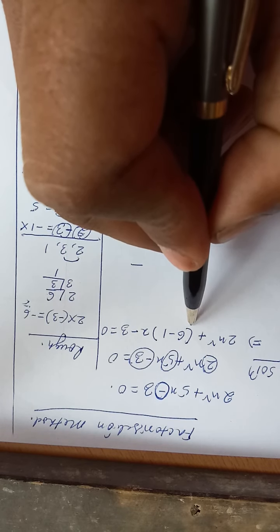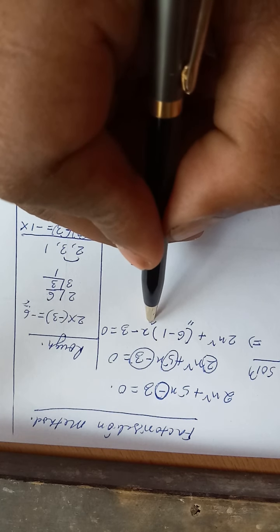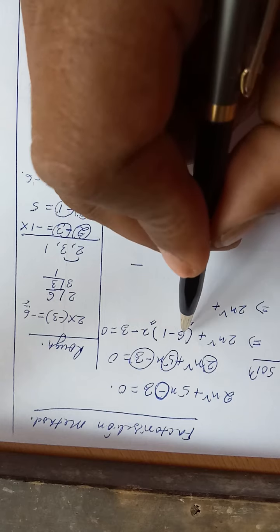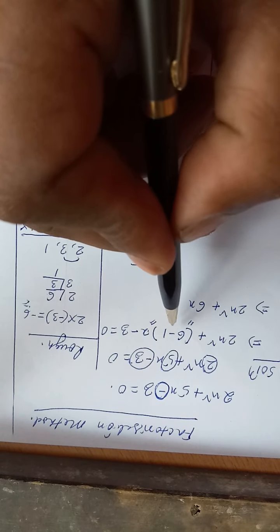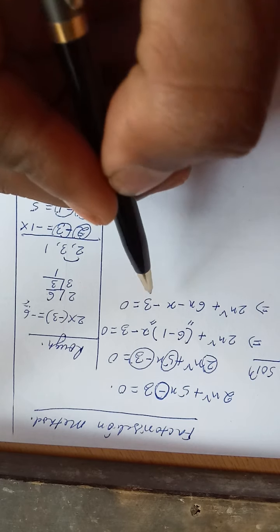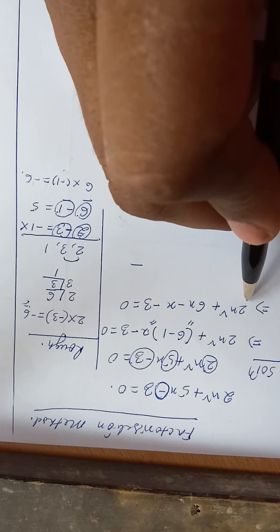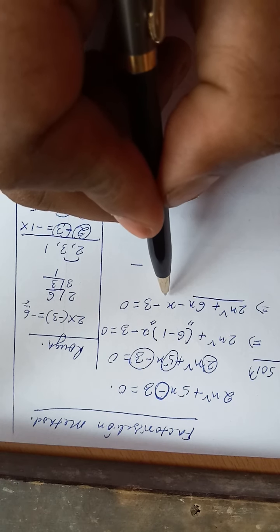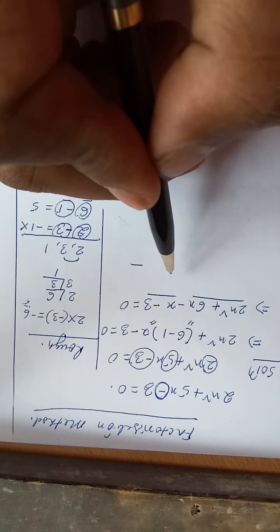Then the process is the same as the previous one, we have to break the brackets. 2x square plus 6x minus x minus 3 is equal to 0. Now we have to find the common factors in the first two terms and the common factors in the last two terms.